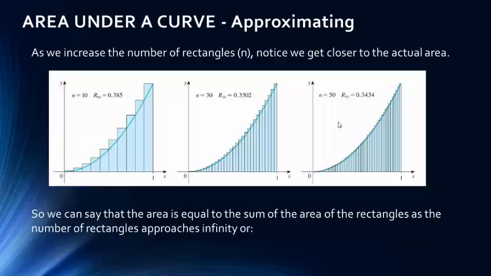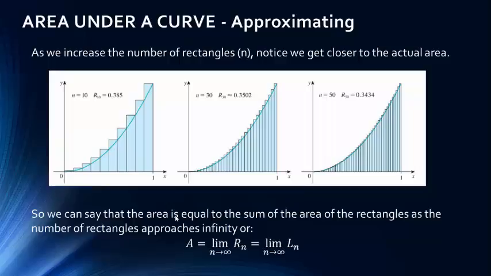So we can say that the area is equal to the sum of the area of the rectangles under a curve as the number of rectangles approaches infinity. And again, remember what we did, it's another similar limit as we started this course. With the derivatives, that distance went to 0.